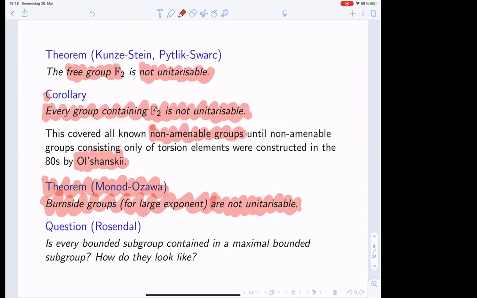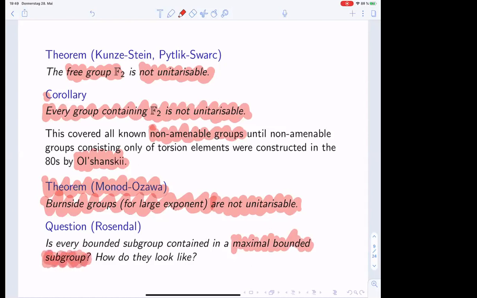If you look at the route of attack for finite dimensions, you might well wonder what are actually the bounded subgroups in the group of invertible operators on a Hilbert space, right? And maybe is every such bounded subgroup contained in a maximal bounded subgroup? That's an open problem, and it's really interesting.